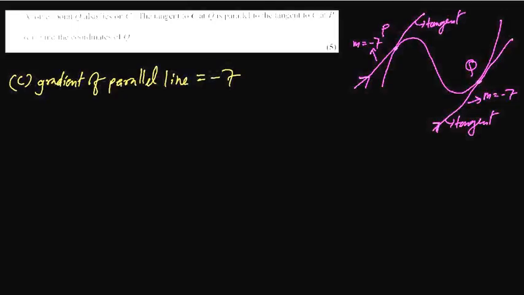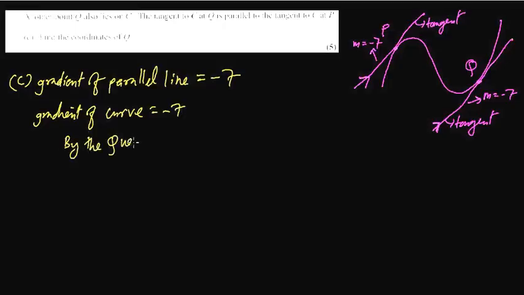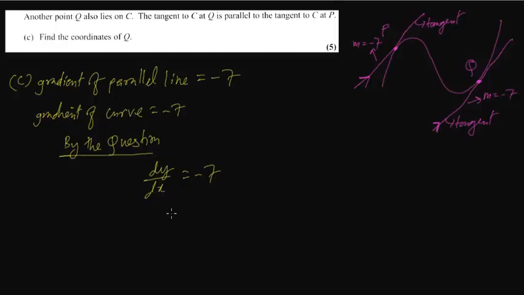So the actual question is: gradient of curve is also minus 7 at that point, by the question. So dy by dx is minus 7. This question is about, if the gradient is given, what would be the point?